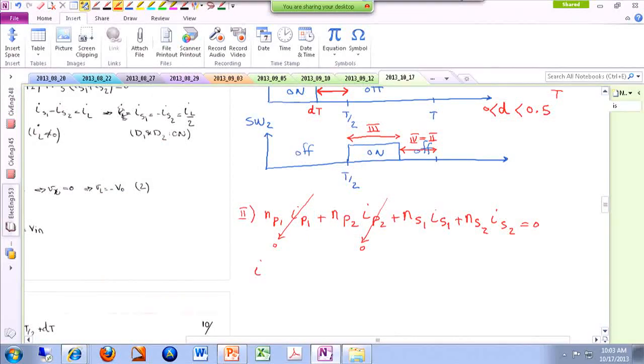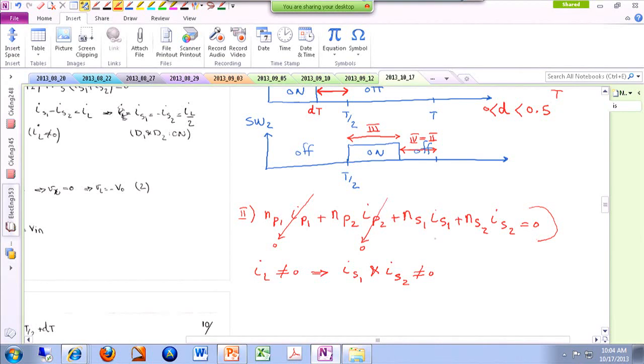So the current of the inductor is not 0. Therefore, IS1 and IS2 cannot be both 0 at the same time. So combining these two equations, one of them is saying that NS1 times IS1 plus NS2 times IS2 should be 0. And by the way, NS1 and NS2 are the same.